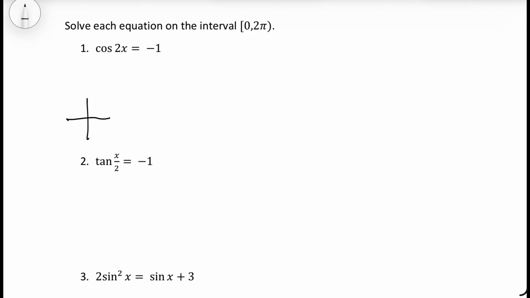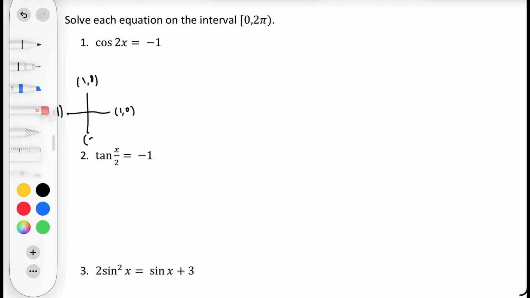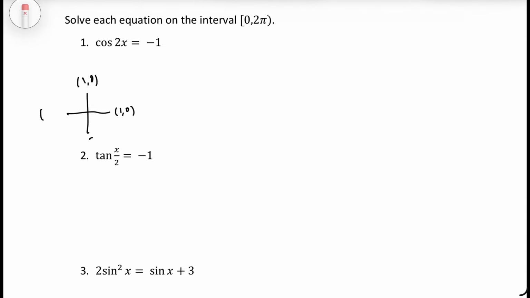We know 0 is 1, 0, and then our pi over 2 is 0, 1.